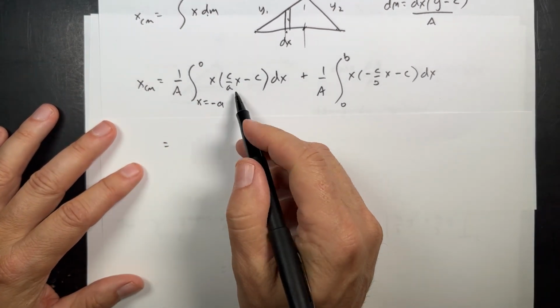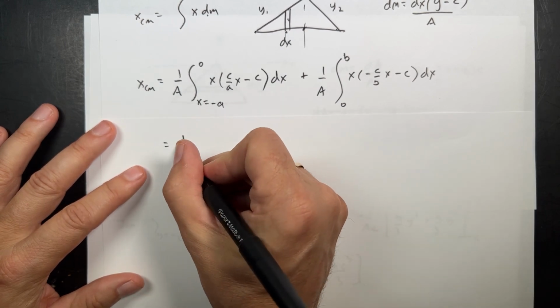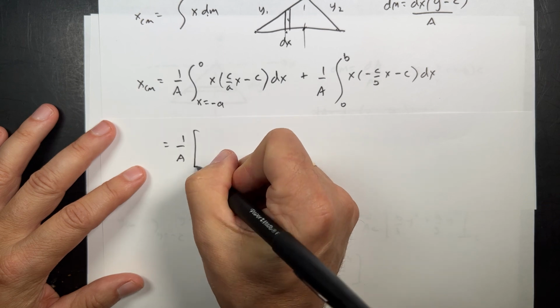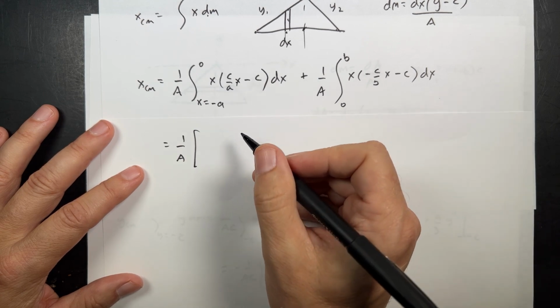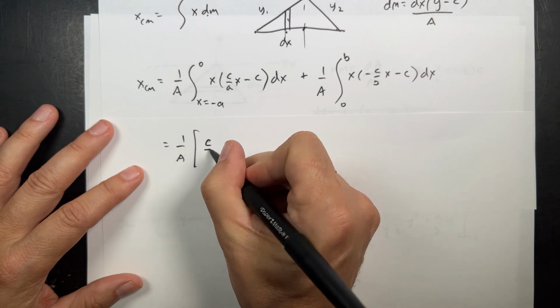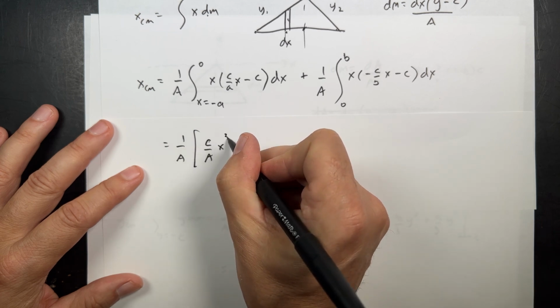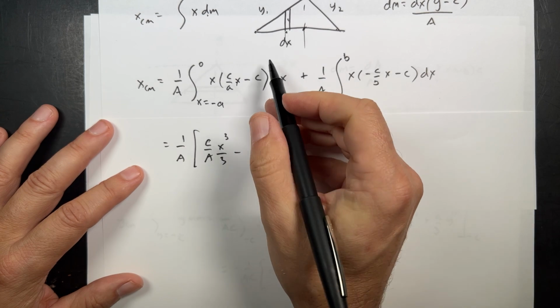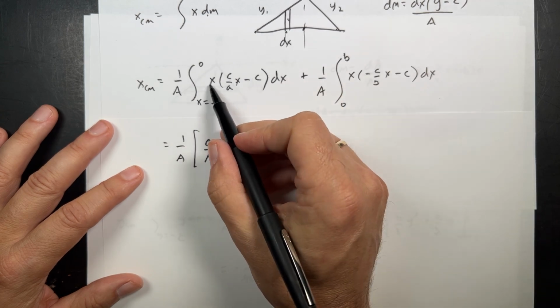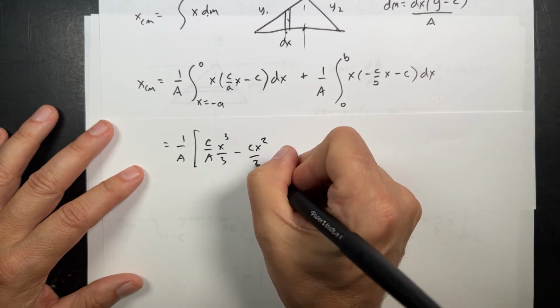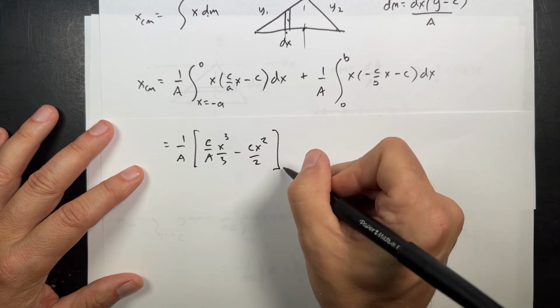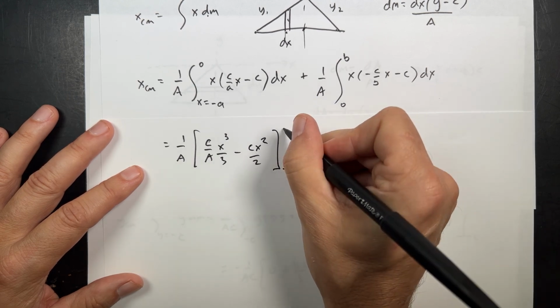Okay, so I'm going to do this in one fell swoop, with 1 over a, which is a bad idea, but I'm going to do it anyway. Here I have x squared, so the integral of x squared is x cubed over 3. So I get c over a x cubed over 3, and then I have cx, so that's just cx squared over 2, from negative a to 0.